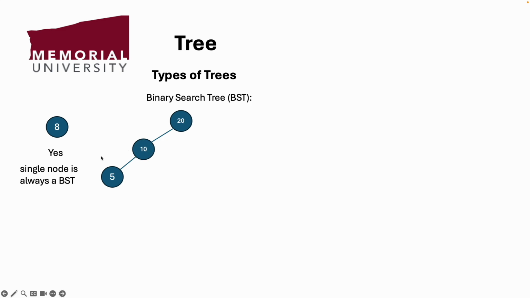Root 10 only has a left child, so we just want to make sure the left subtree is less than the root node. The left child, 10, is less than 20, which is okay. And node 5 is less than node 10, which is fine. And both node 5 and node 10 are less than node 20. So this tree is a binary search tree.